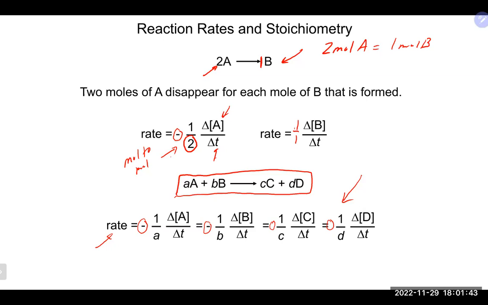If you do 1 over the coefficient, that takes care of the stoichiometry part. In reality, you could do a stoichiometry problem first and then incorporate it into the kinetics. It works the same way, but sometimes it's easier to do it all together.